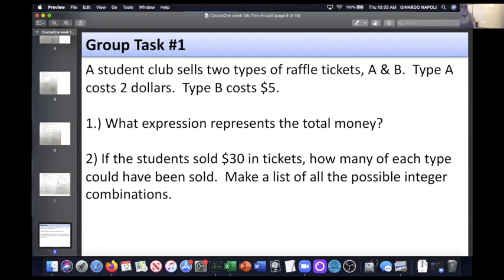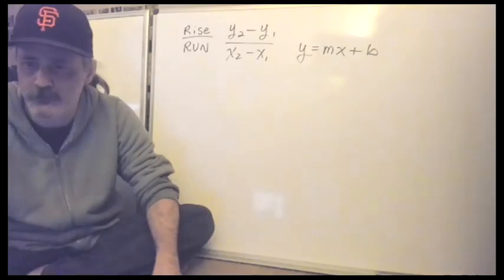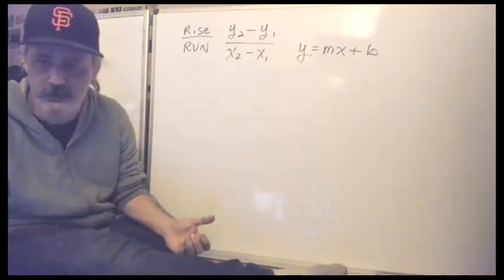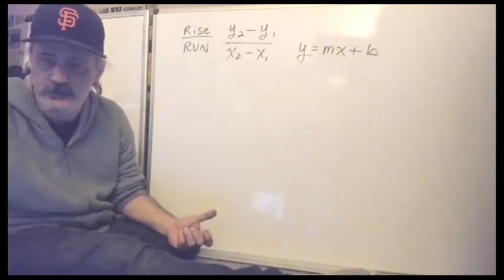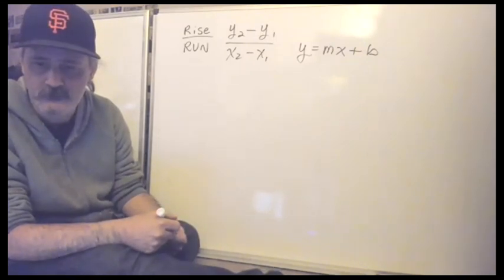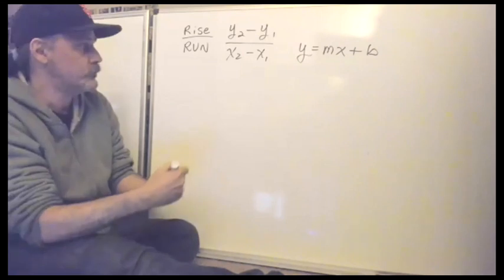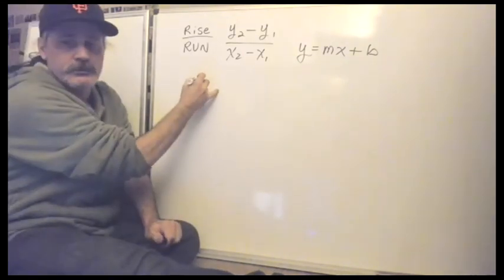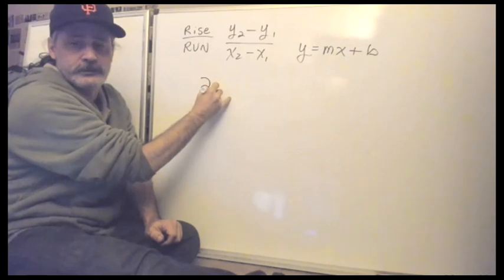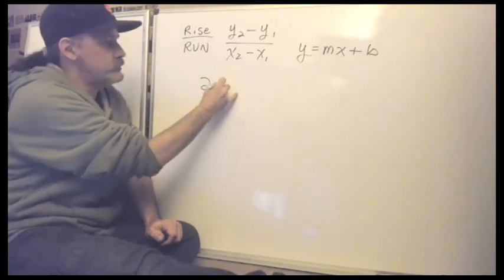Okay. So we're representing this process, right? We're going to combine the money we made from selling the A tickets to the money we made from selling the B tickets. The A tickets were $2 each, so 2 times the number of A tickets is how much money we raised.